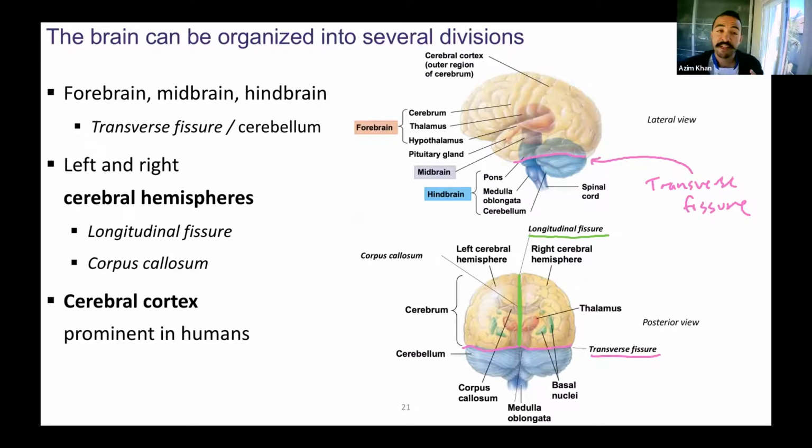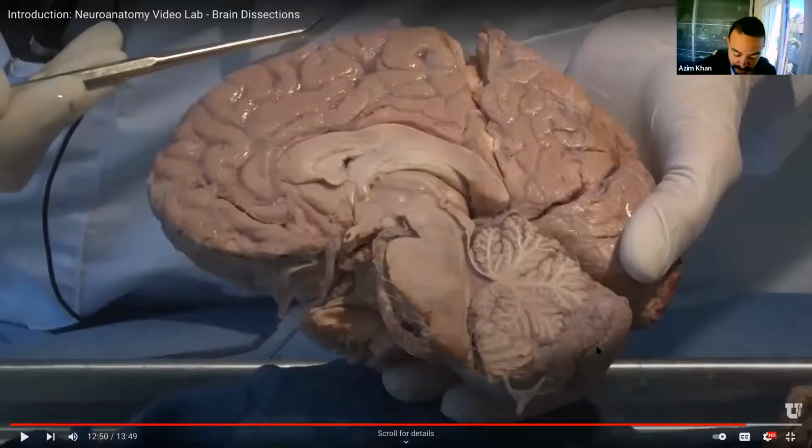I said that there are several connections between the left and right cerebral hemispheres. The major connection is the corpus callosum. I'm actually going to switch back to that video because it shows the corpus callosum really nicely. It's a very useful landmark as well.